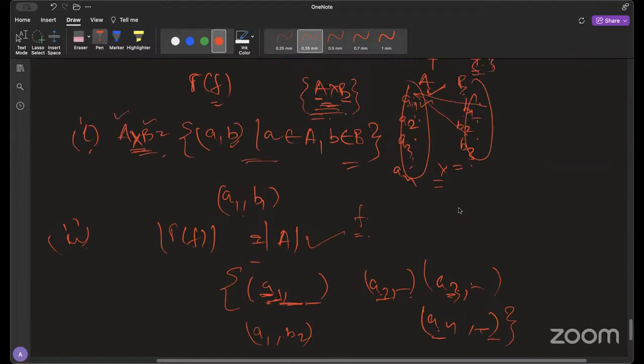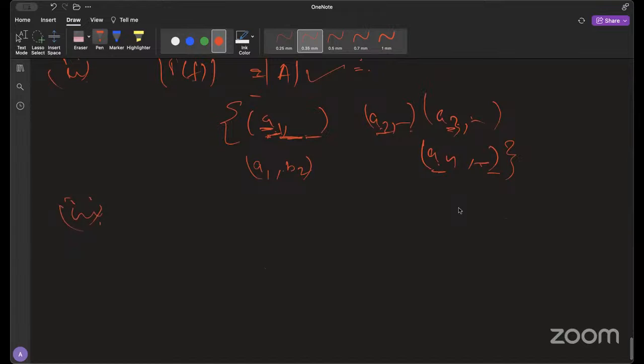It could be, you can map, let's just see an example.